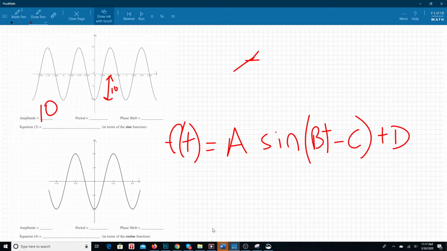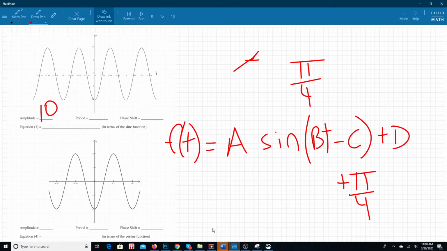If you move this over about 0.25, or pi over, what is that? It's 180 divided by what? It's pi over 4. So it's a phase shift of pi over 4. A minus phase shift moves me right, and a plus phase shift moves me left. So this is going to be a plus pi over 4.